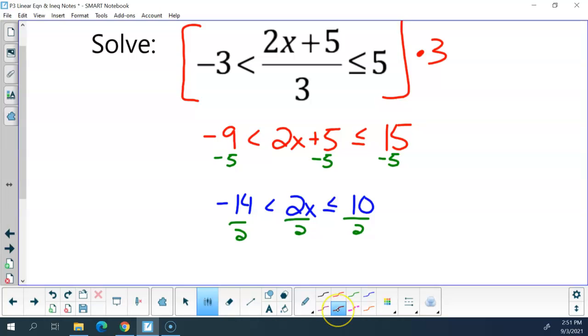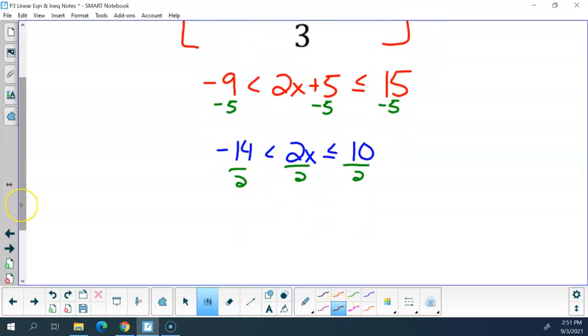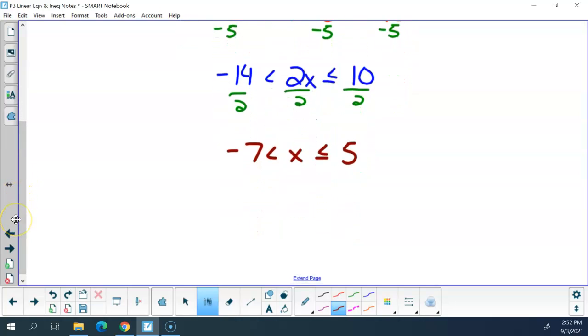So that's going to give me negative 7 is less than x is less than or equal to 5, which would be the inequality. The interval would be that, and the graph would be that.